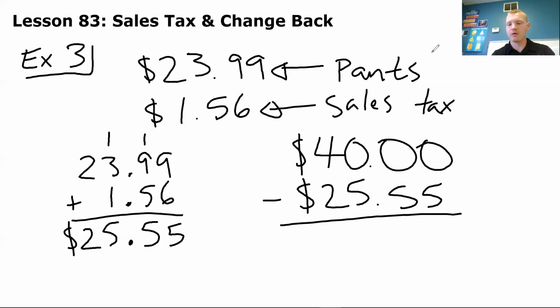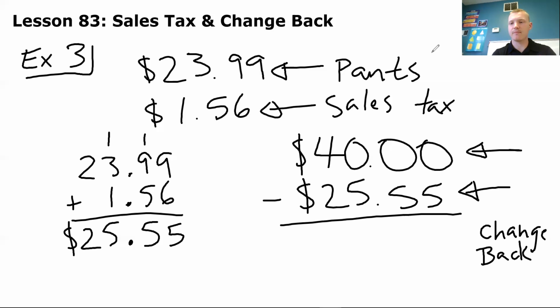So the money that we give them is here on top. That's the money that we gave the clerk. And the amount that we're paying is down here on the bottom. So our change back is here on the bottom. That'll be our answer. The change that we get back from the clerk.